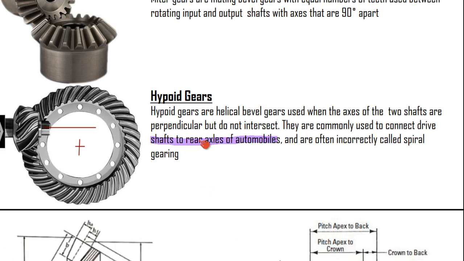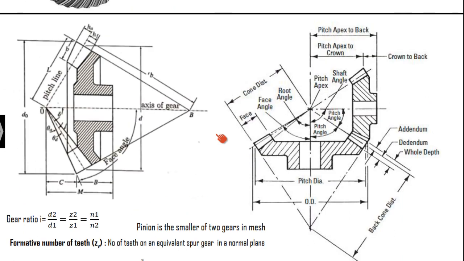And moving forward, these are the basic nomenclatures and the variables that we use in bevel gears. So, this is called the cone distance. Right now we have discussed a right circular cone. If you look here, it is easy for you to understand.